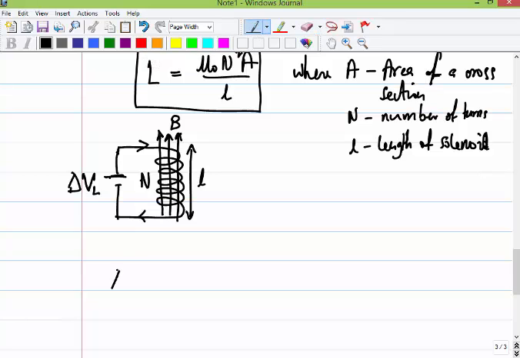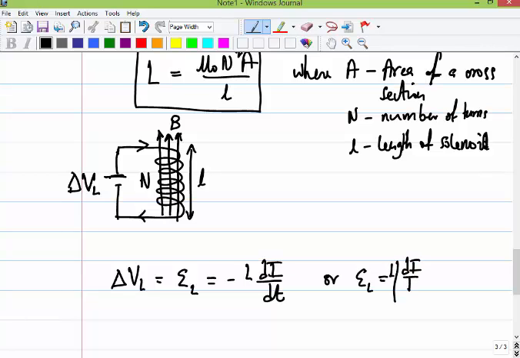We'll say delta V_L for the inductor is the same as the EMF, EMF subscript L, which we said was equal to minus L di/dt, or in some books you will say the EMF is given by the absolute value of L di/dt.